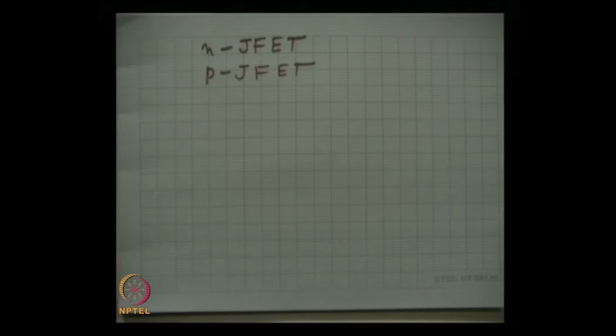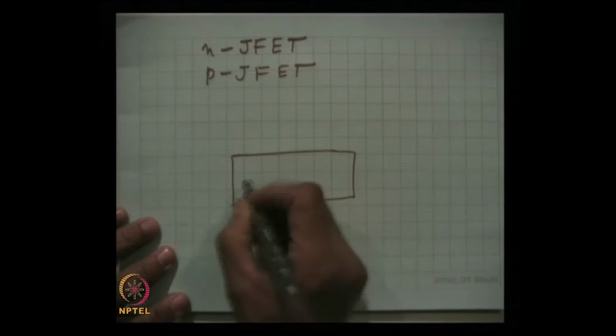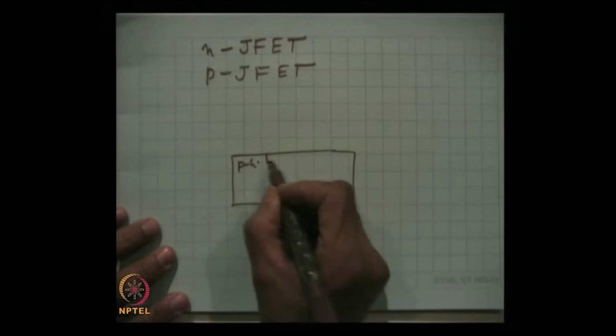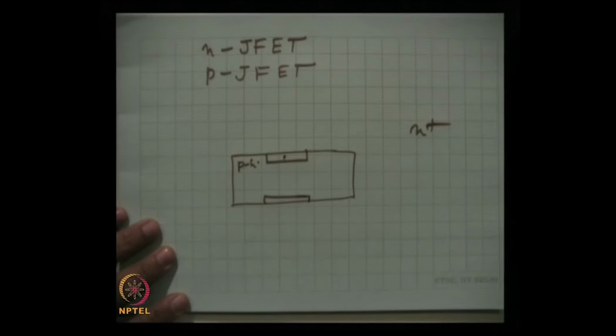For that, we will have to start with a P substrate, P silicon, and N type regions. These are the heavily doped N type gate regions.